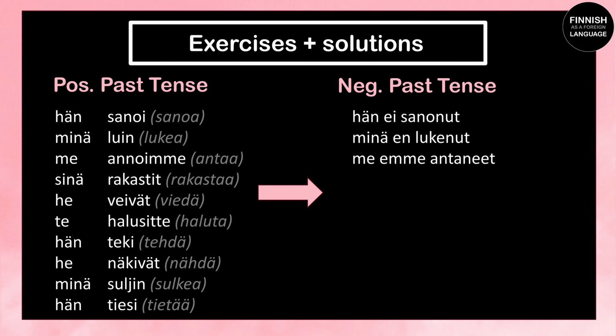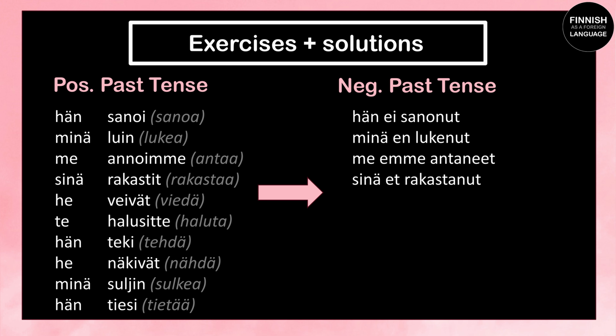Me emme antaneet. We didn't give. Next one. Sinä rakastit. You loved. The negative imperfect is sinä et rakastanut. Sinä et rakastanut, meaning you didn't love.